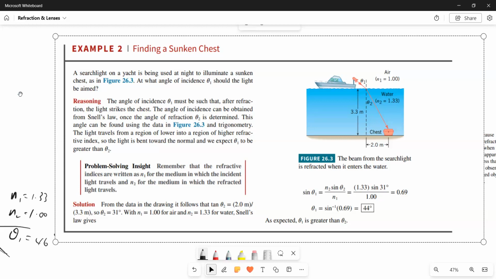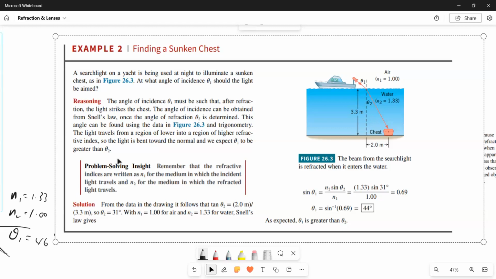So they want to know, okay, if the yacht is 3.3 meters up from the water there, how will it direct the light so that it will point straight to the chest, right? So let's see.